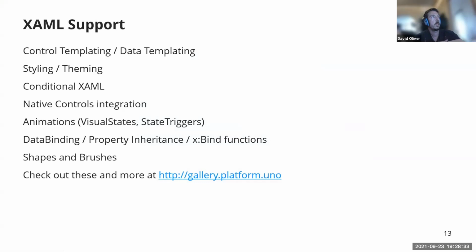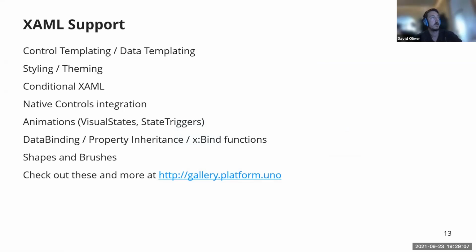So those are some of the XAML features that we support. Everything that you would expect to get. So templating, styling. There's conditional XAML. So as I mentioned, if you want it to look different on different platforms, you have ways to do that. You have ways to specify that a particular control should only appear on specific platforms, or a specific attribute should only apply to particular platforms.